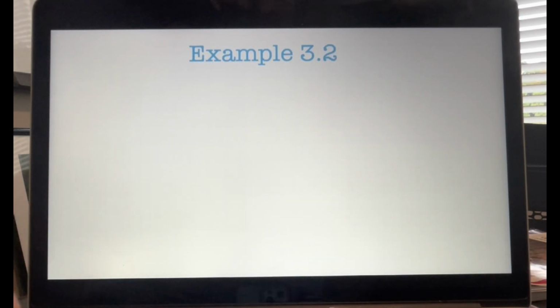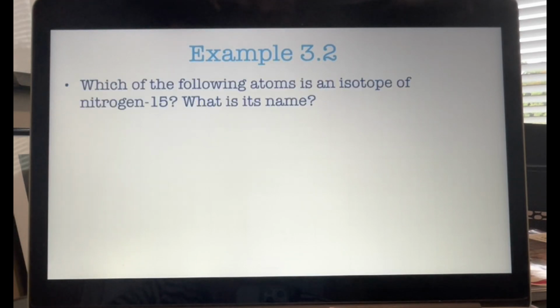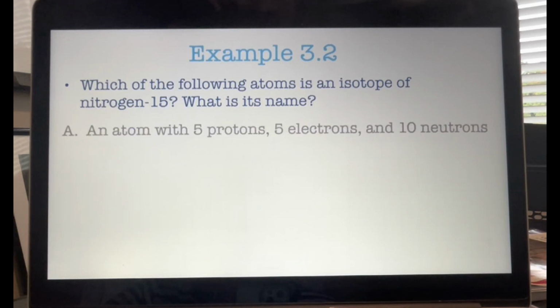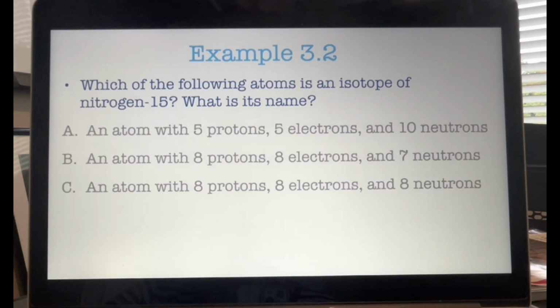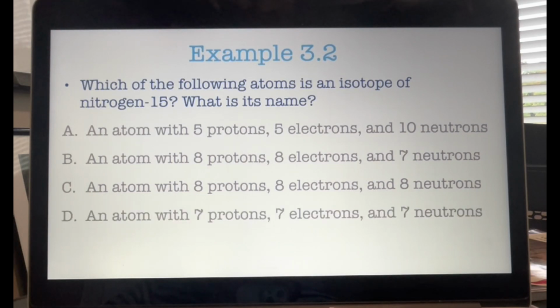Example 3.2. Which of the following atoms is an isotope of nitrogen 15, and what is its name? Is it A, an atom with 5 protons, 5 electrons, and 10 neutrons? Is it B, an atom with 8 protons, 8 electrons, and 7 neutrons? Is it C, an atom with 8 protons, 8 electrons, and 8 neutrons?